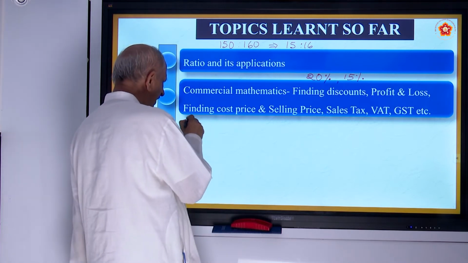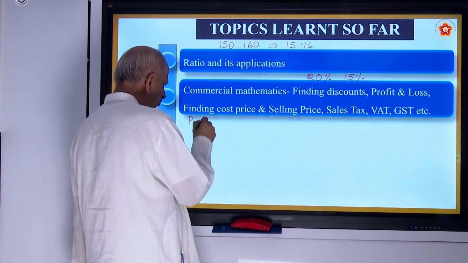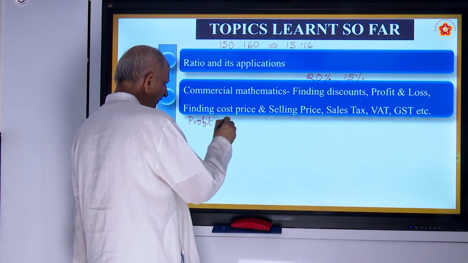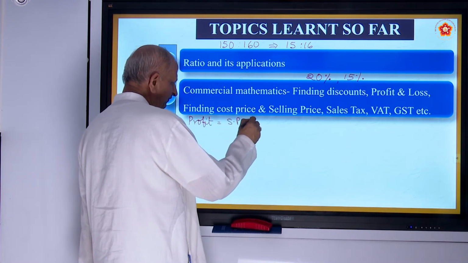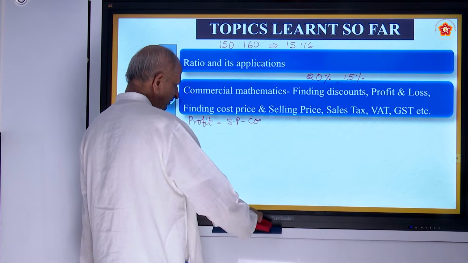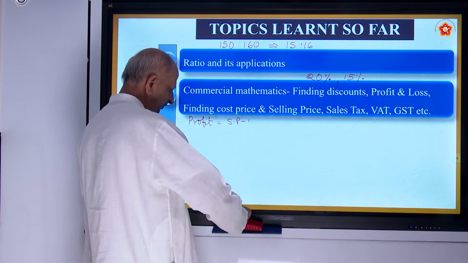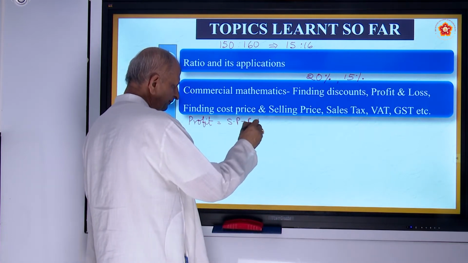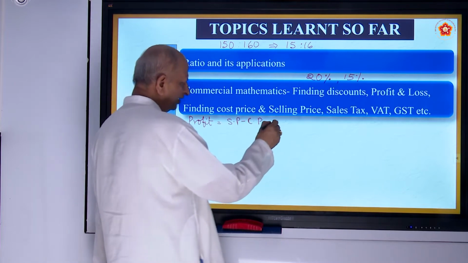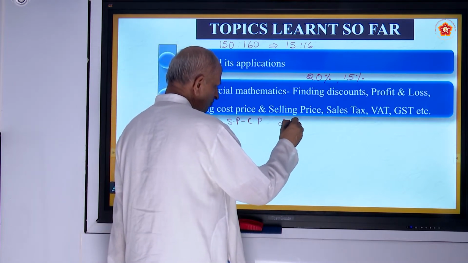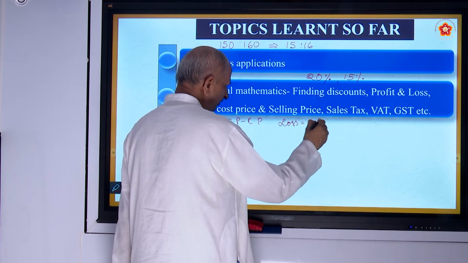So, we have the formula, profit is equal to selling price minus cost price. SP is selling price, cost price is CP. Similarly, loss is equal to CP minus SP.